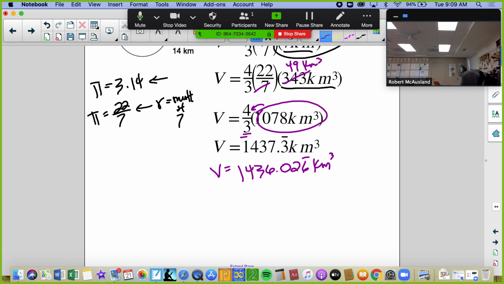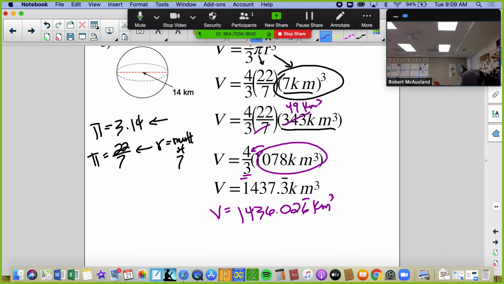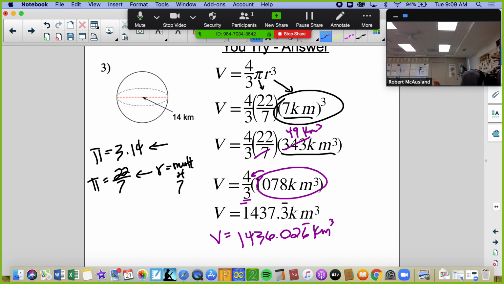So there's a bit of a difference between those two values using 3.14 and using 22/7. So be careful with that. Both solutions will be acceptable. Just for efficiency purposes, it's more efficient to use 22/7 in this example.